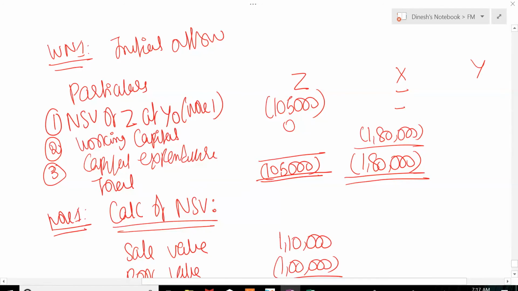The line gap was to write capital expenditure, 1,80,000. Any doubts on this? Clear? Can you proceed?